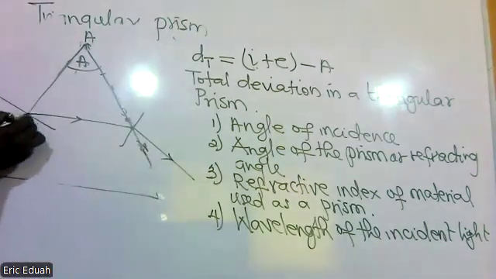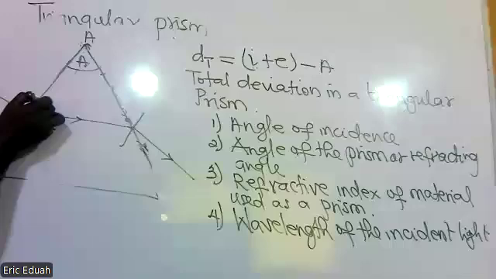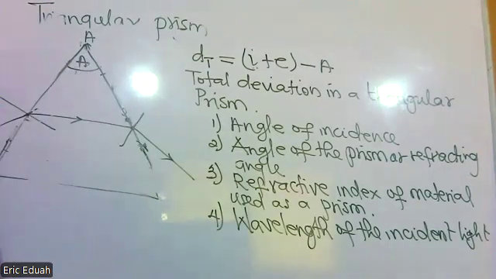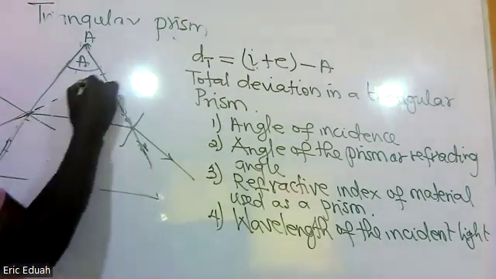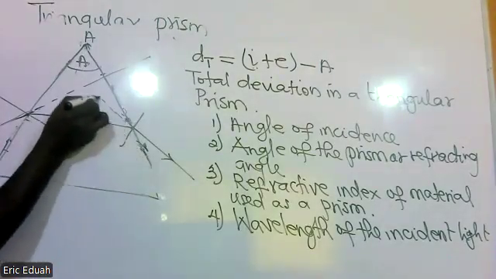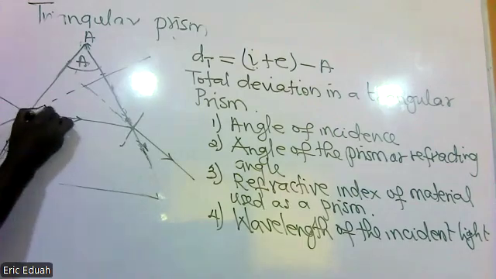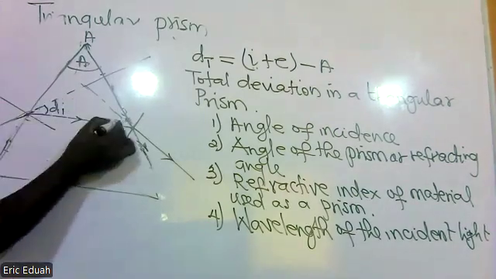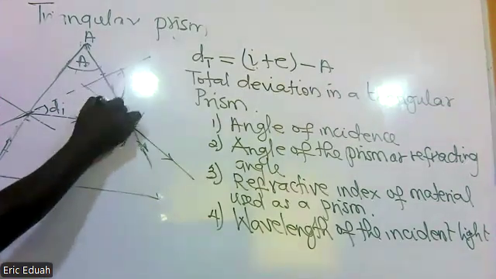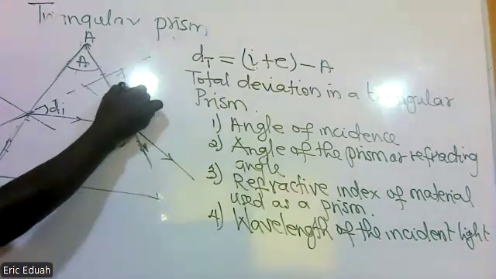So when we extrapolate the incident ray and the emergent ray, we'll have this. So this is D1, this is D2, and this angle is the total deviation, DT.